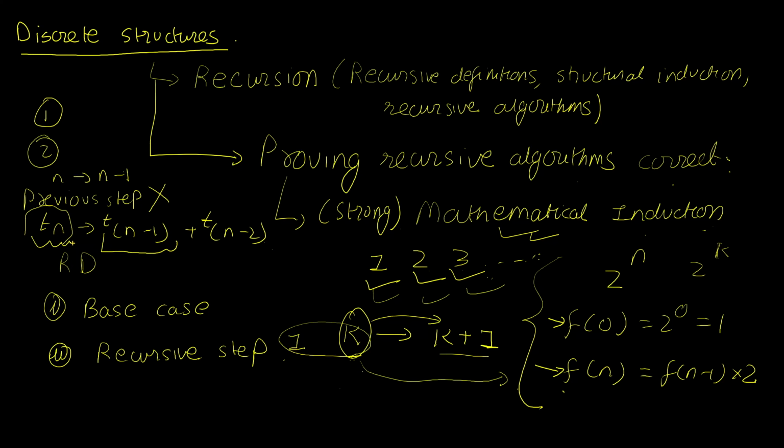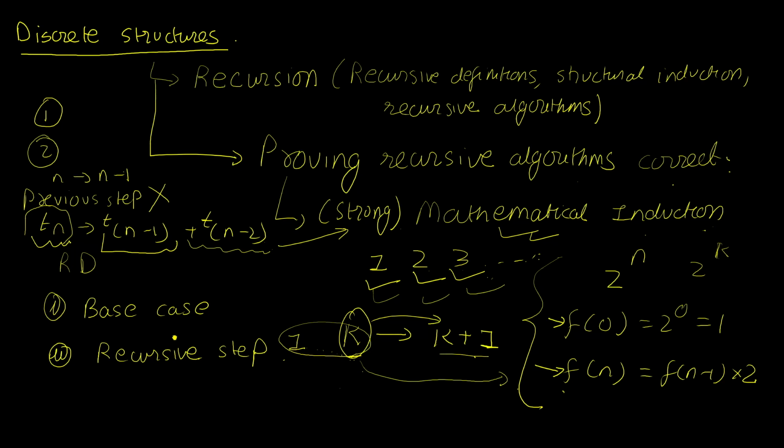So proving these kind of algorithms correct will involve a strong induction, because I need to depend on the previous two terms in this case. So one last time before diving into the problems, in case we need to use strong induction, we are allowed to use the base case and every case until my assumed k. And I'm allowed to use any of those facts in order to derive k plus 1.